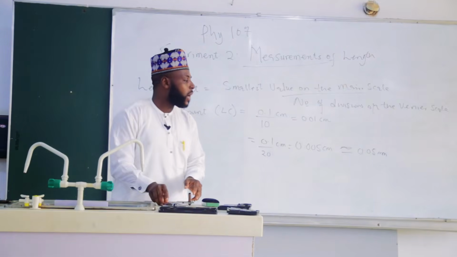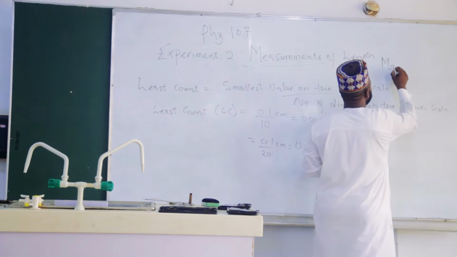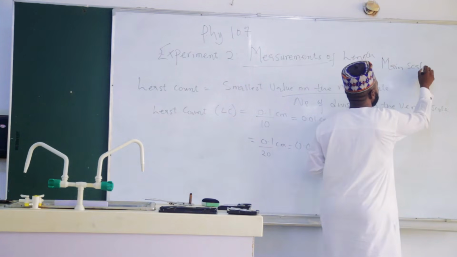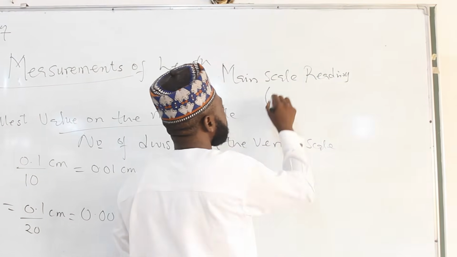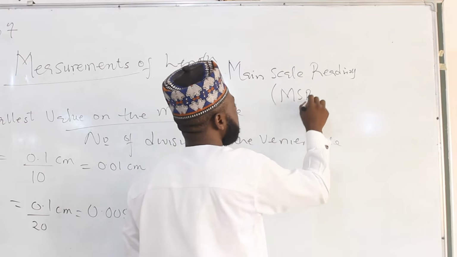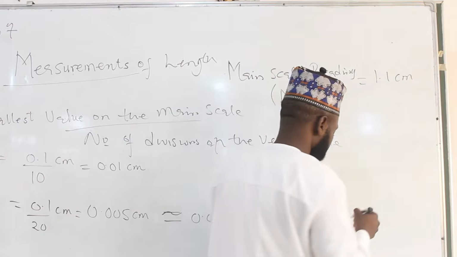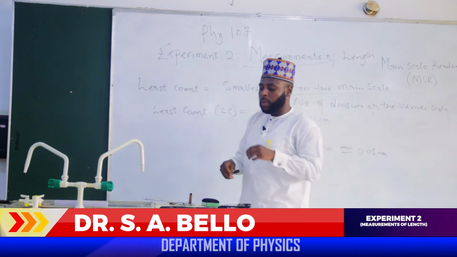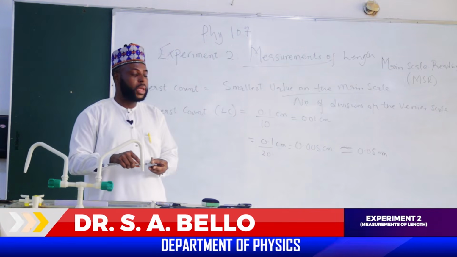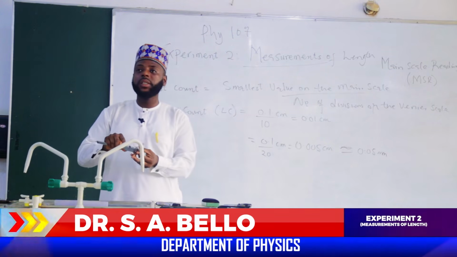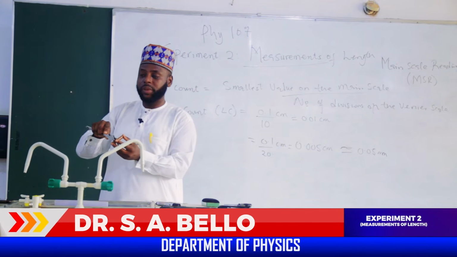So we'll note down our main scale reading, which we're going to call MSR, is 1.1 centimeter. You may observe that the reading may exceed 1.1, but the instruction says that take the reading on the left side of the zero mark of the vernier.